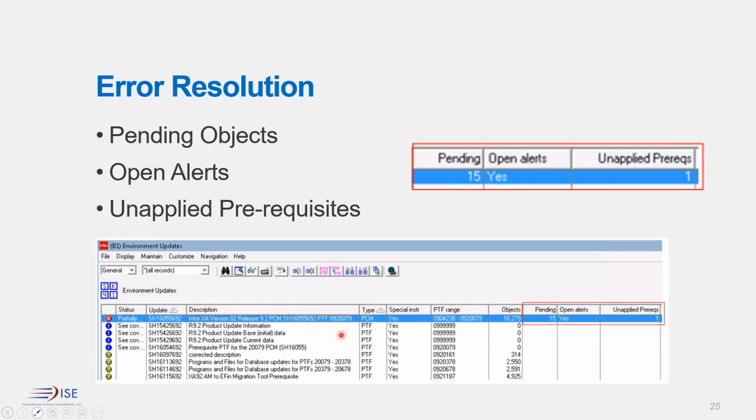Here's our little PCM for 20079 again that we have highlighted. You're going to get a summary of your errors over here on the right-hand side. And here's a little bit of a blown up representation so you can see it. In this case, we have 15 pending object errors, we have some open alerts, and we have one unapplied prerequisite.